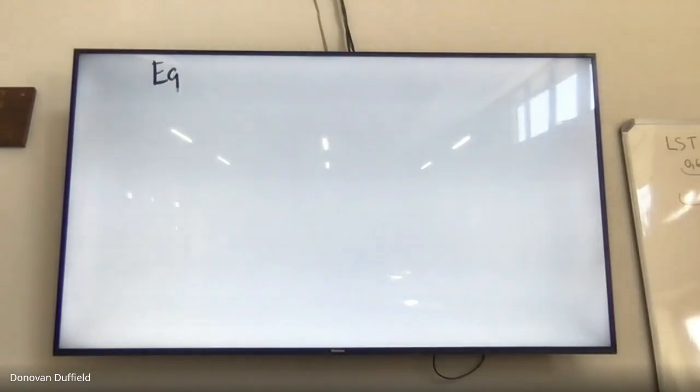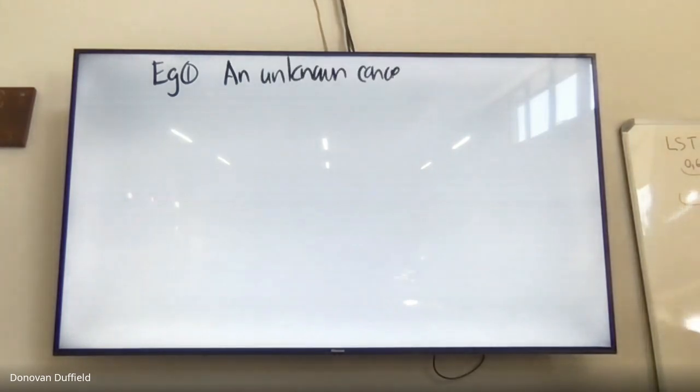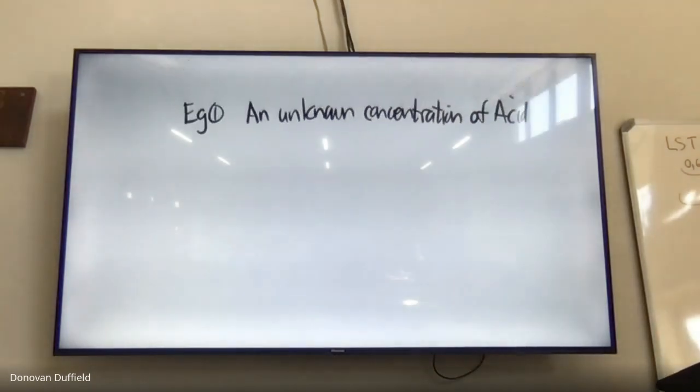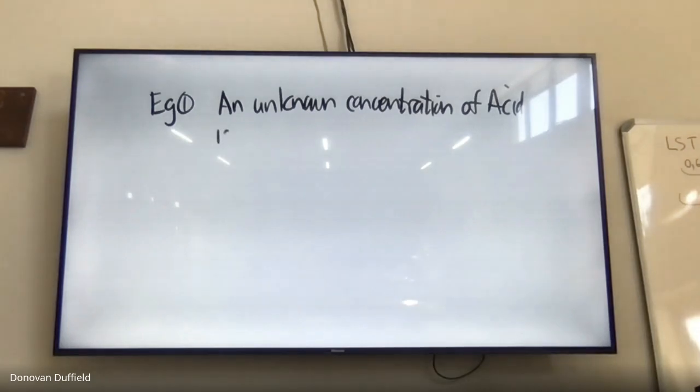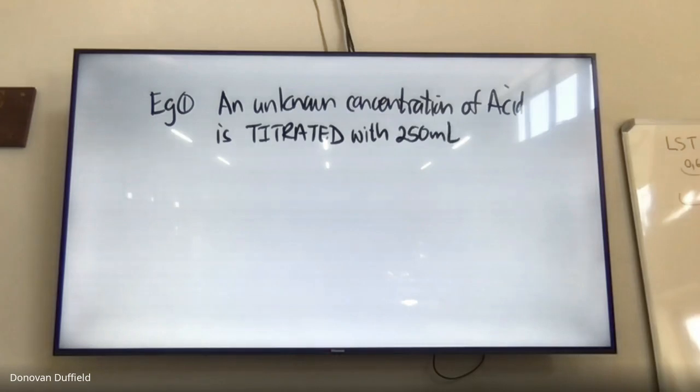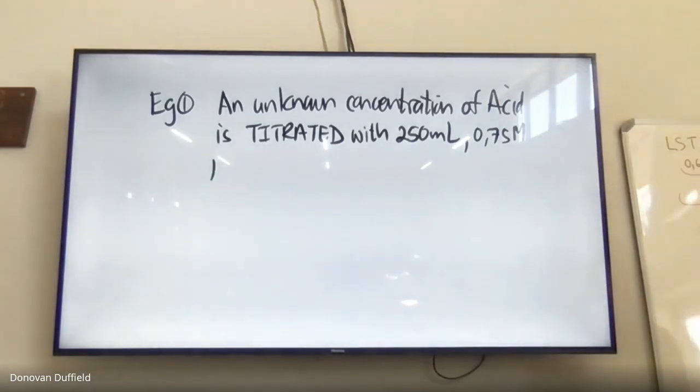Example 1. An unknown concentration of acid is titrated, let's use that word, is titrated with 250 milliliters, 0.75 molar solution of potassium hydroxide.